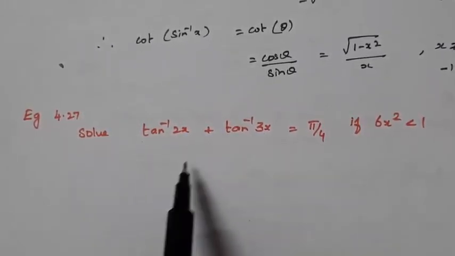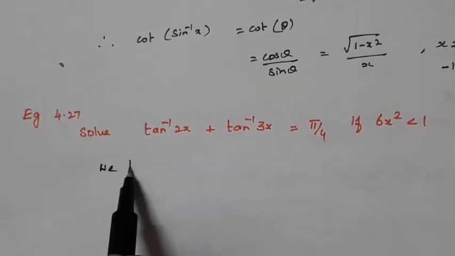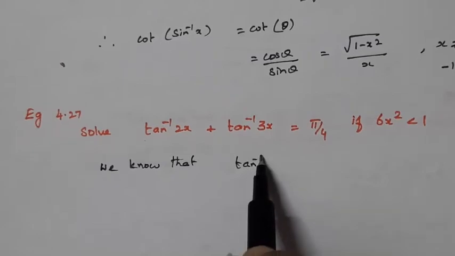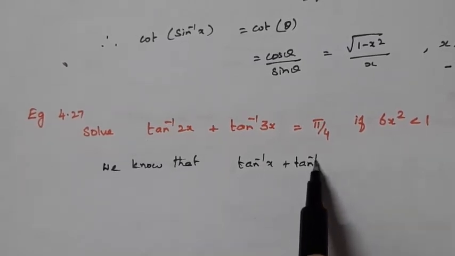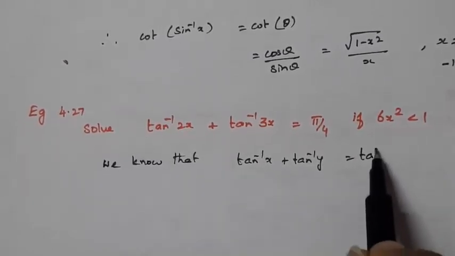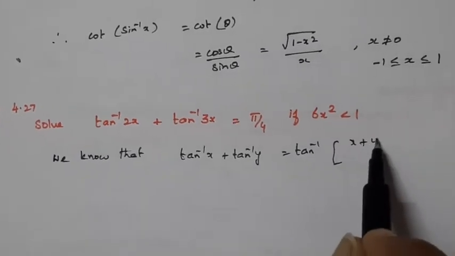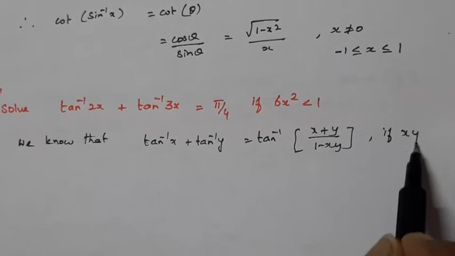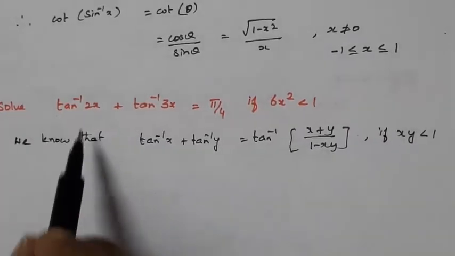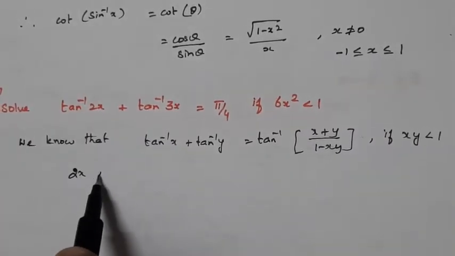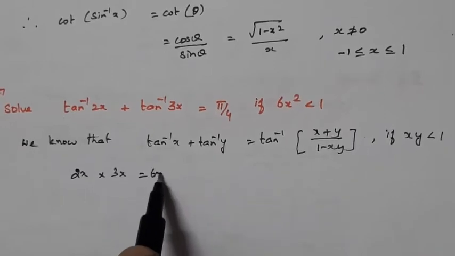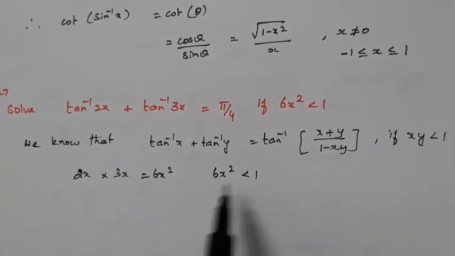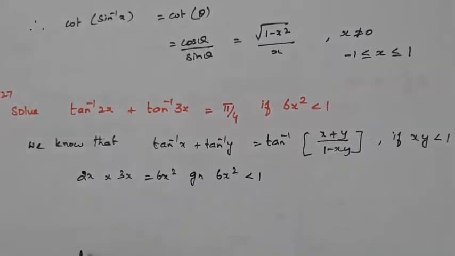We know that tan inverse of x plus tan inverse of y is equal to tan inverse of x plus y divided by 1 minus xy if xy is less than 1. Here x is 2x and y is 3x, so xy is 6x squared, and it is given that 6x squared is less than 1.